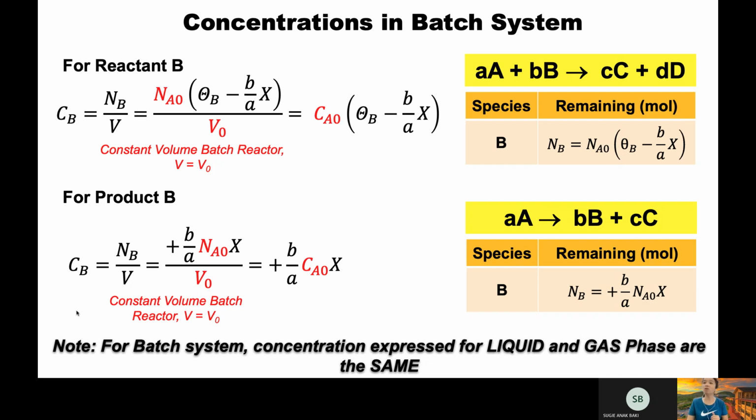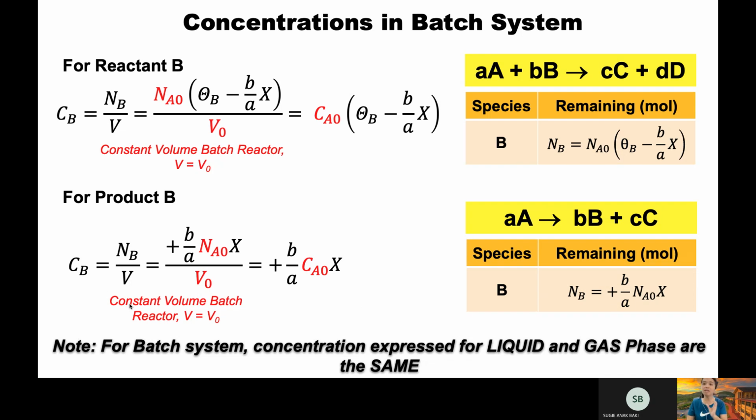So similarly, I can also express CB when B is a product. Beza dia adalah kerana sebab remaining moles tu dah berlainan. So express concentration pun dah berlainan lah. So walaupun first step is still the same, concentration of B equals to moles of B over volume.